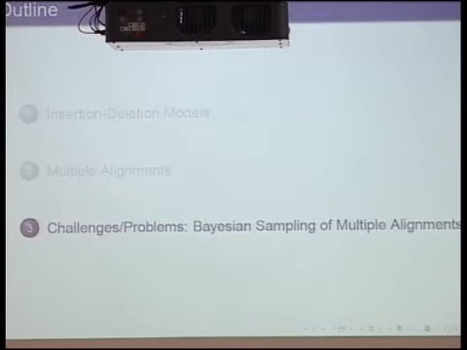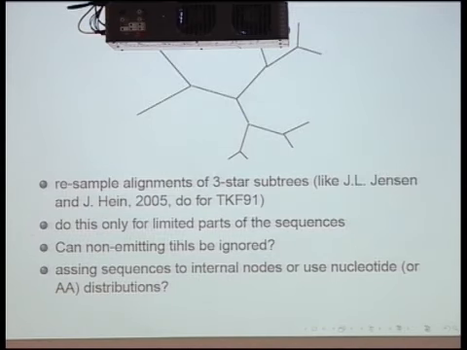Well, and the last part, challenges, I would just give some ideas of what could be done. Jensen and Hein have shown that it's more efficient, instead of just resampling edges, the alignment of edges, to resample alignments of such star-shaped subtrees.